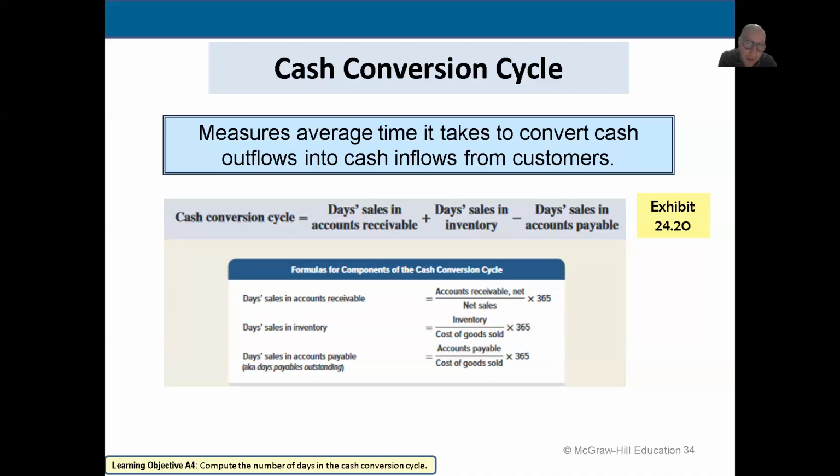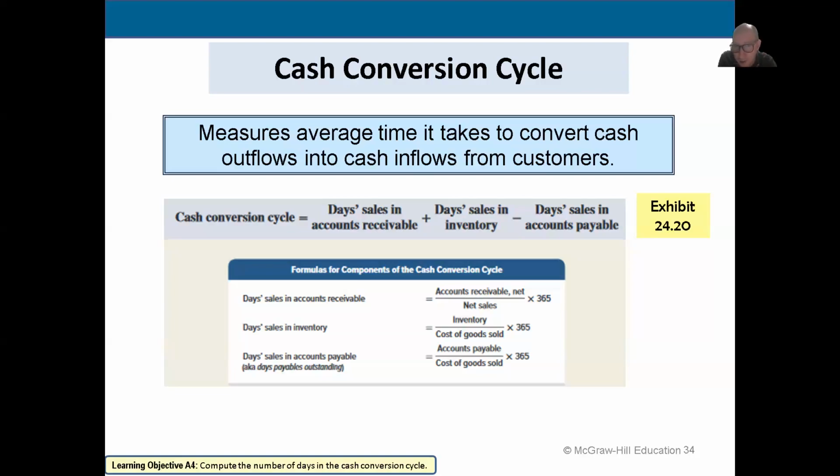We take the days sales in accounts receivable plus the days sales in inventory minus the days sales in accounts payable. Each of these three items are their own formulas. So this formula will take some time to calculate, as you can see, because it's really three formulas in one. Sounds complex. It is, but it's really not as bad as it sounds. You just do one at a time.